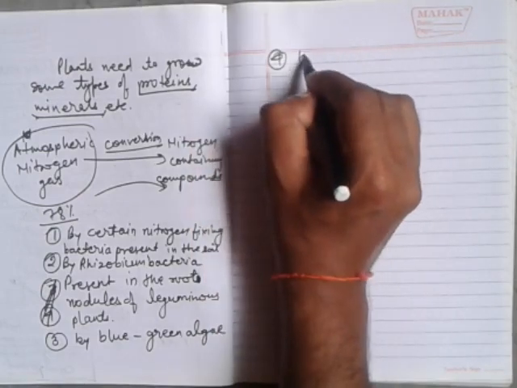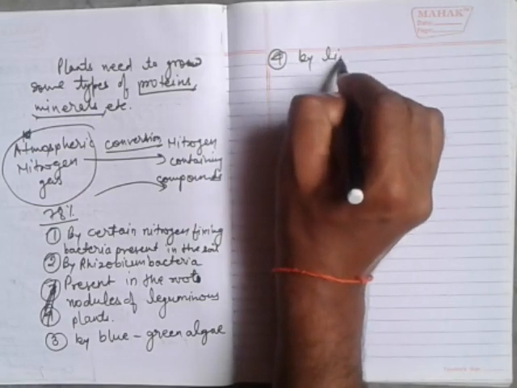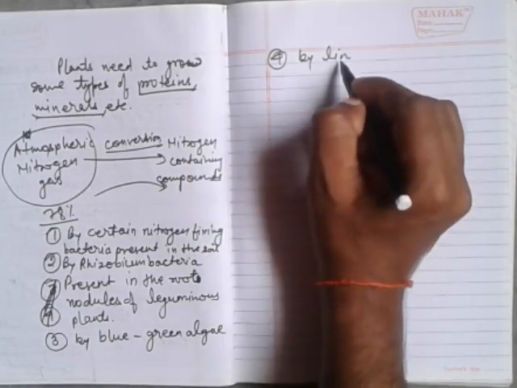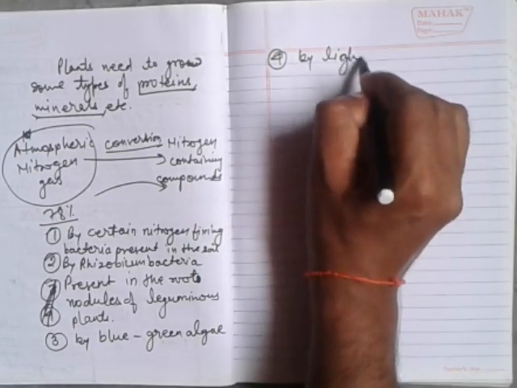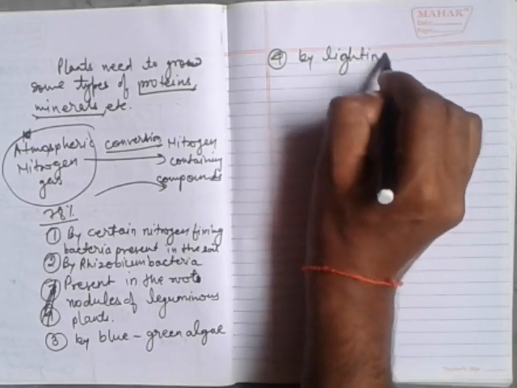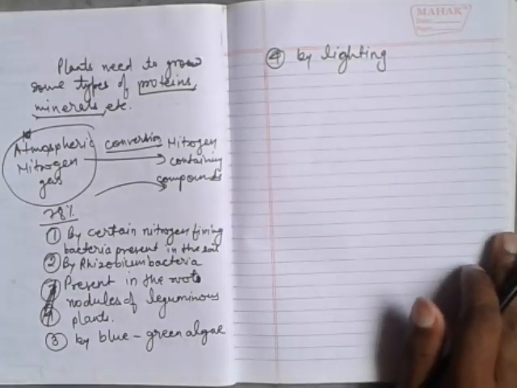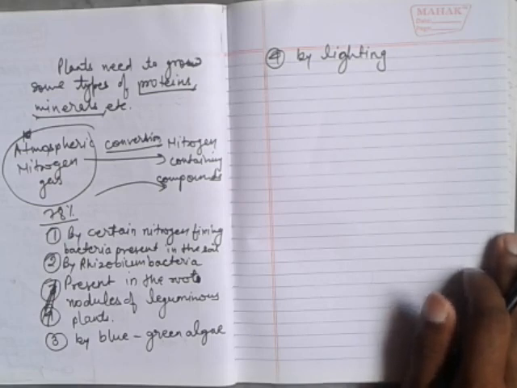and by lightning. What is lightning? Lightning occurs during a thunderstorm, and it is a phenomenon that happens in the sky.